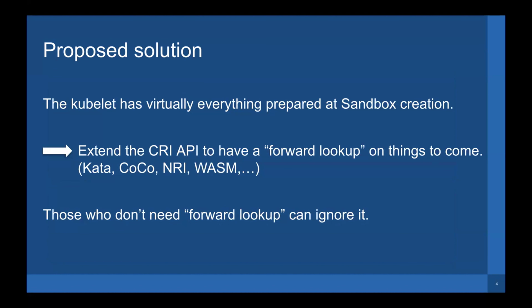The proposed solution in short is that the kubelet already has virtually everything prepared at sandbox creation, like mounts and devices, so it has virtually all the information already. We propose to extend the CRI API to have what I call a forward lookup on these things, for the Kata, confidential containers and NRI use cases, and I guess there are others as well.